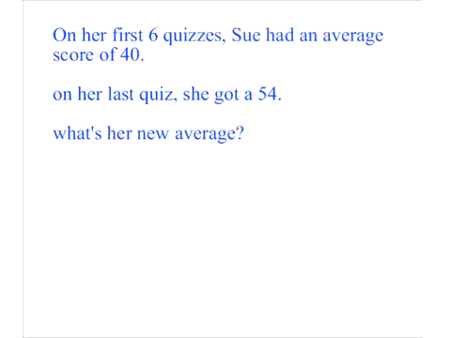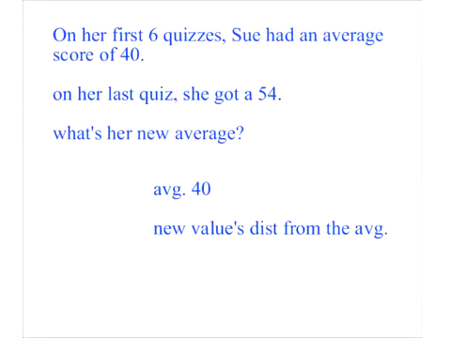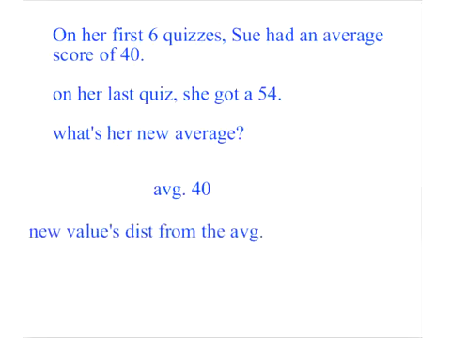Sweet. So again, just to remind you guys, the whole concept here is, if the average is 40 and the new value's distance from the average is plus 14, but we will end up having 7 data points there, meaning she had 6 quizzes, and now with another one we'll have 7 data points.